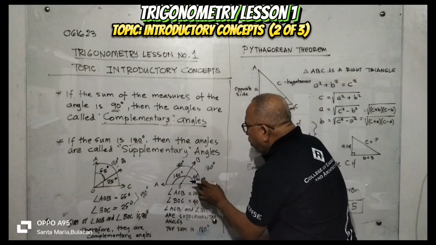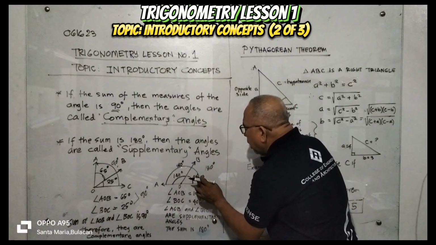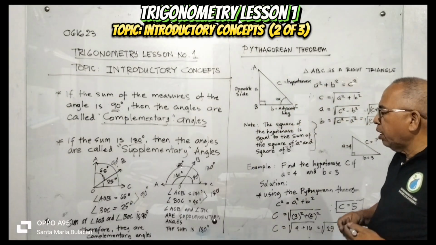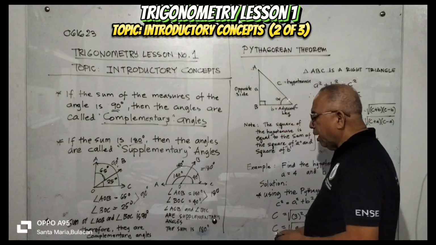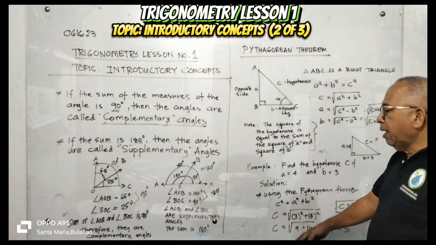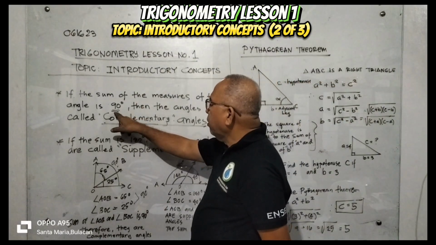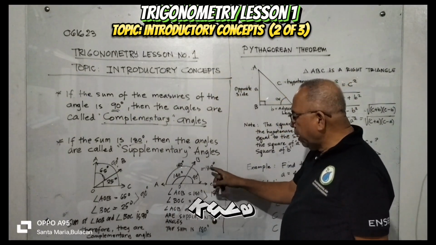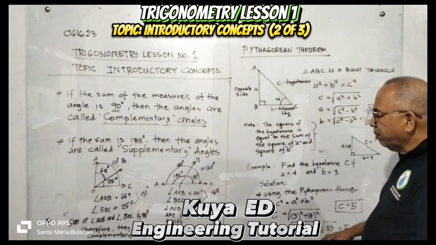So, ang 40 is supplementary to 140 and 140 is supplementary to 40, because when you add these two angles, it will give you 180 degrees. So, madali lang. Yan lang ang bantayan natin. Kung ang dalawang angle, ang total ay 90, then complementary. Pag ang dalawang angle, ang total ay 180, then supplementary. Okay. So, clear na tayo dyan.